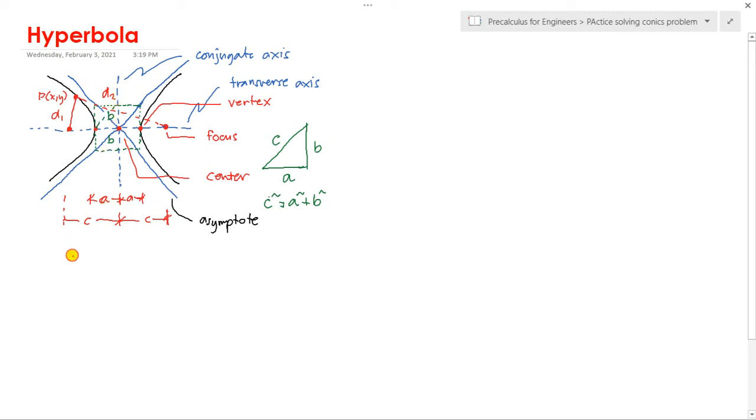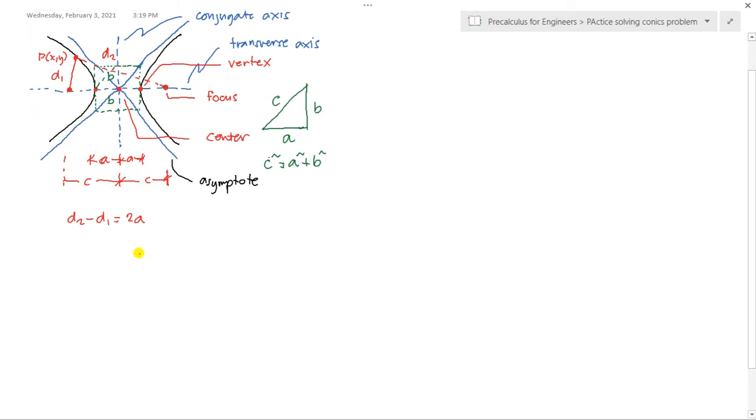So D2 minus D1 is equal to 2a. Again, it is the opposite of the ellipse, because in the ellipse it is the sum, while in the hyperbola it is the difference. You can see the derivation in our module.